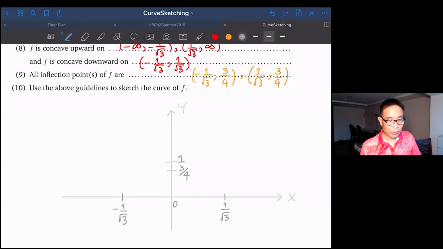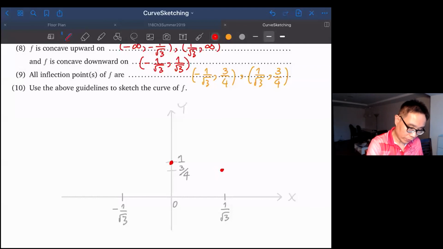So you're going to plot the point that you know, the maximum that you have. So it's going to be at 0, 1. And this guy is going to be at 3/4. And for negative 1 over root 3, it's going to be 3/4.